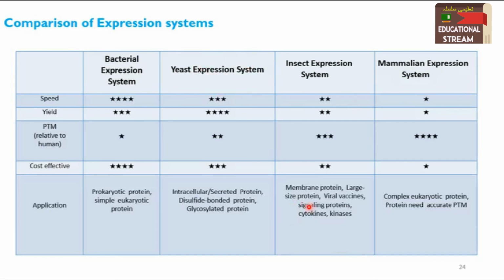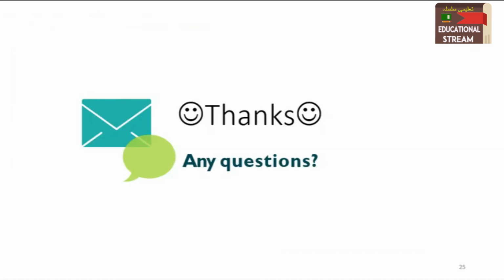If we want to purify membrane proteins, large proteins, viral vaccines, or proteins involved in signaling pathways, such as cytokines or kinases, then we use the insect expression system. And if the protein of interest is a complex eukaryotic protein and we need more accurate post-translational modification, then we will use the mammalian expression system.